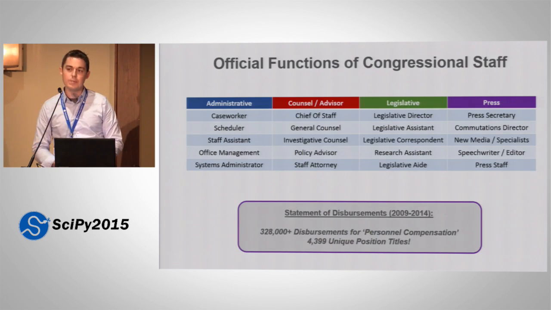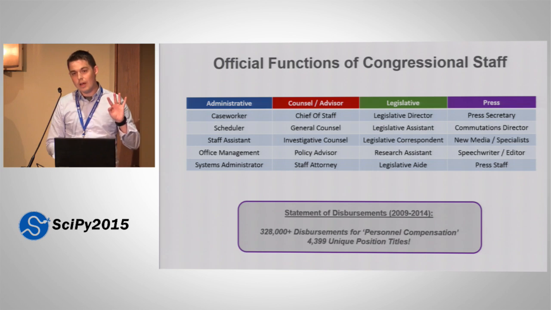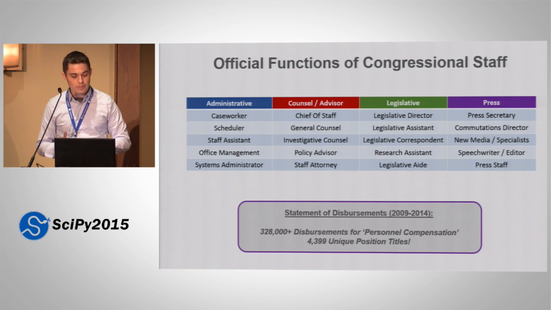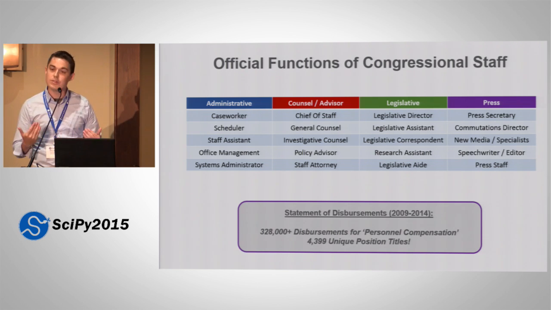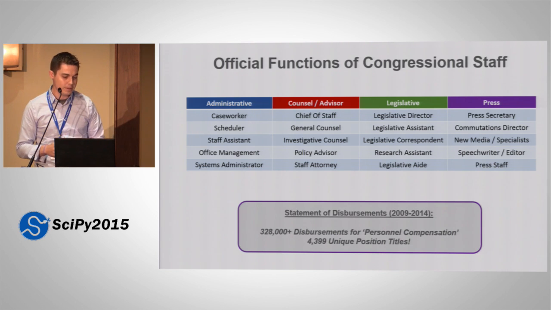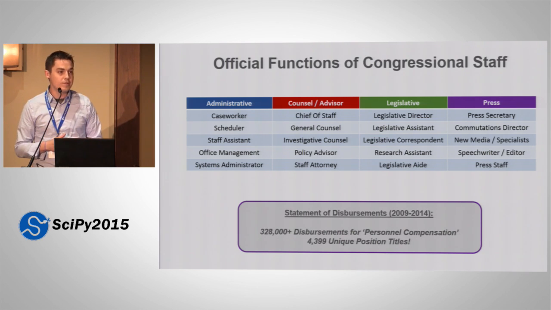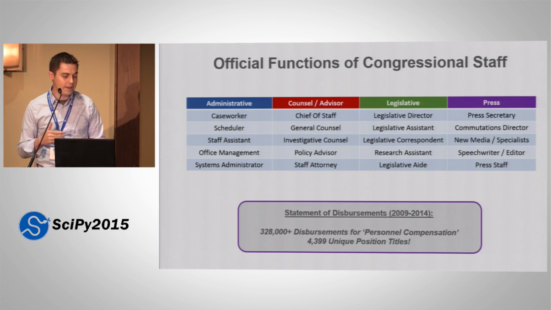Some of the functions that you might find on the committee would be found amongst four basic groups. There's administrative work, so when you think about constituent casework, scheduling, staff assistant work, office management and system administration, that's all administrative work. There are a range of supervisory positions located within Congress that are found amongst the chief of staff.